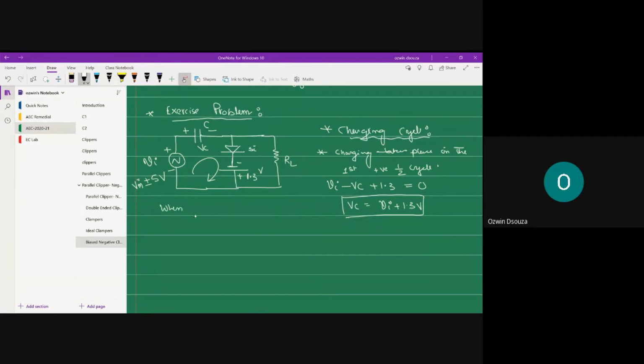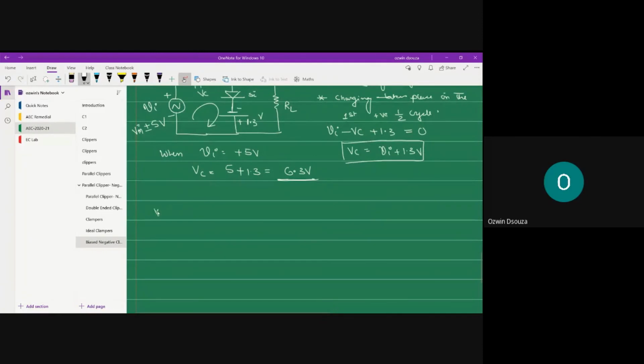When your input attains maximum value, that is 5 volts, your capacitor gets charged to Vc is equal to 5 plus 1.3, that is 6.3 volts. This is the reason why your classmates have typed the answer as 6.3 volts, which is correct.